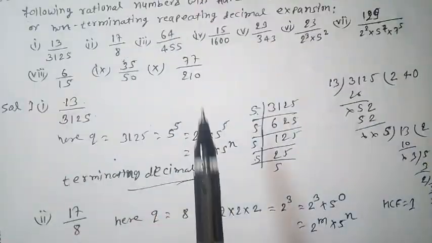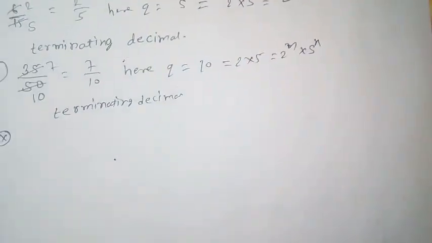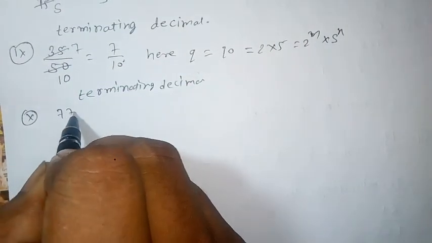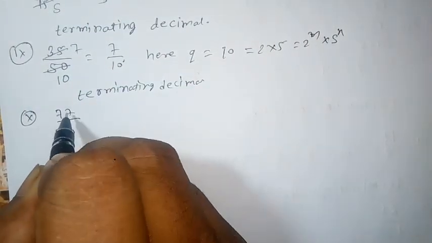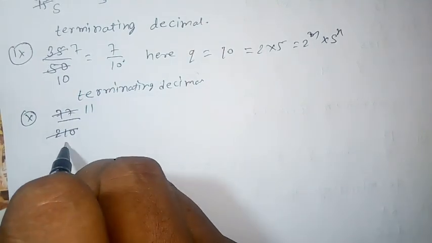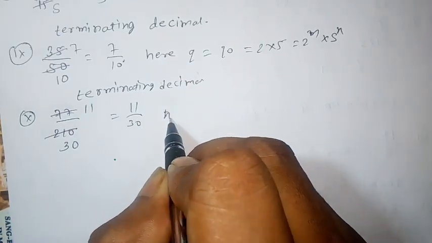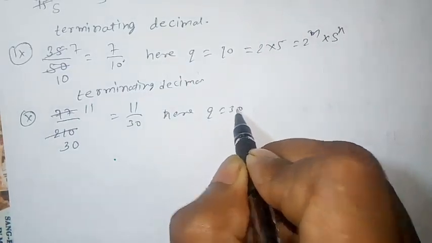Question number 10. 77 by 210. 7 11 77, 7 30 210. 11 by 30. Here Q is equal to 30.